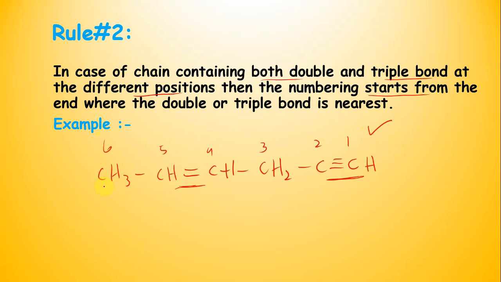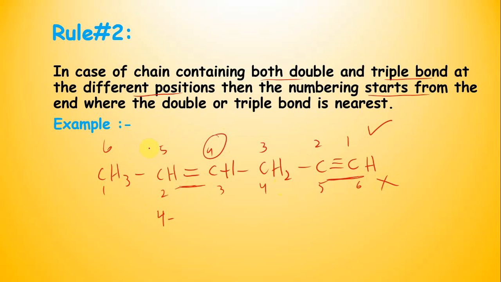And if the student starts the numbering from the left side, 1, 2, 3, 4, 5 and 6, and then gives the name to this structure, this will be incorrect. So how will we give the name to this structure? As I have told you earlier, we will give the name to the alkene first, where the carbon-carbon double bond is present at the fourth position.